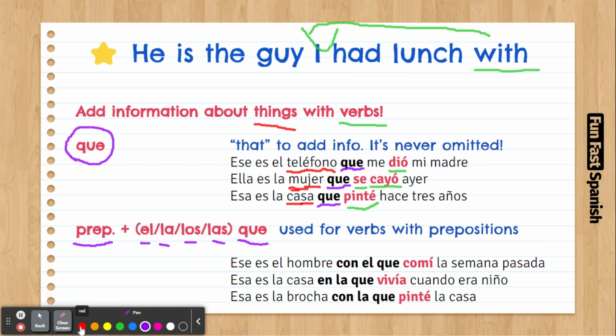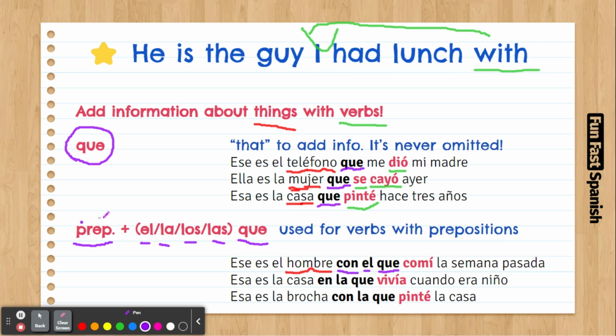Ese es el hombre. So we are talking about the man, and we're going to give extra information about this man. Este es el hombre con el que comí la semana pasada. Con here is the preposition. El is the article, and que is the word we always need to add information.